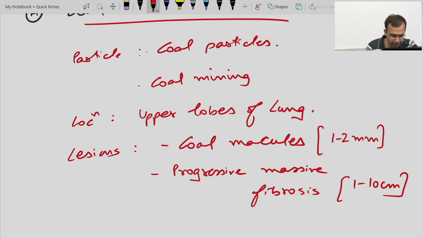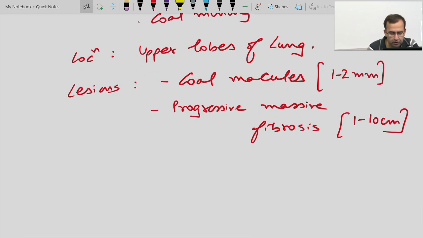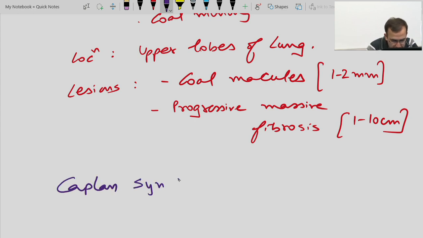Another important point is that coal workers pneumoconiosis is also associated with Caplan syndrome. So what is Caplan syndrome?